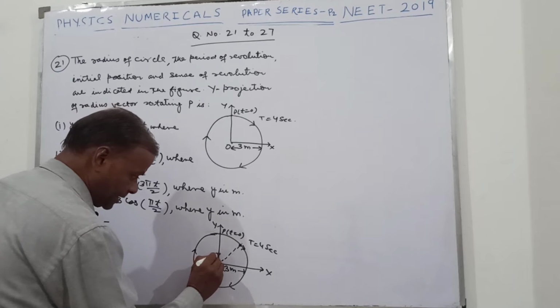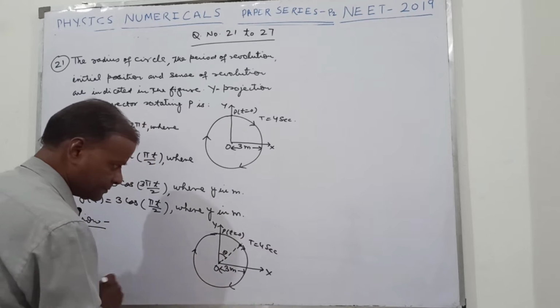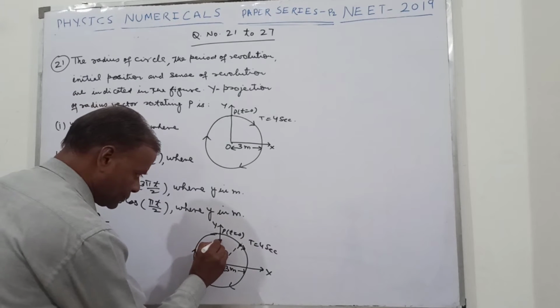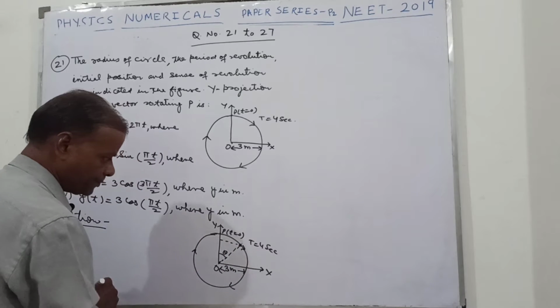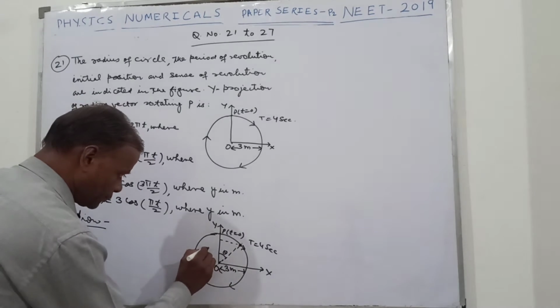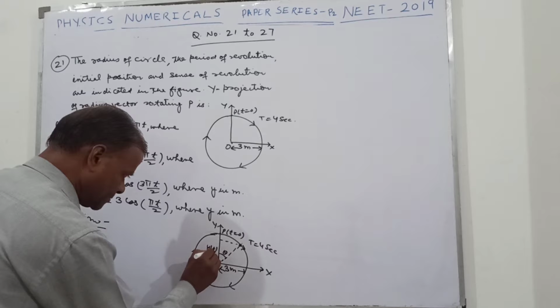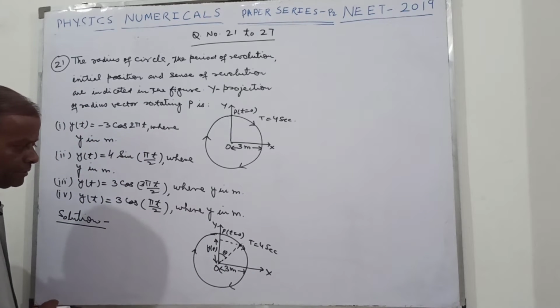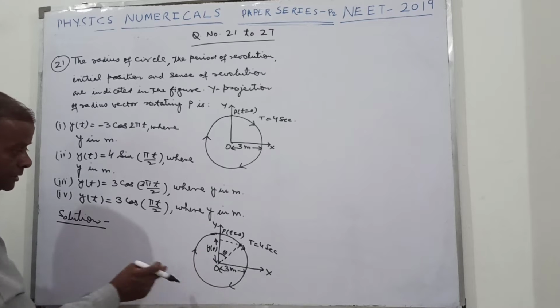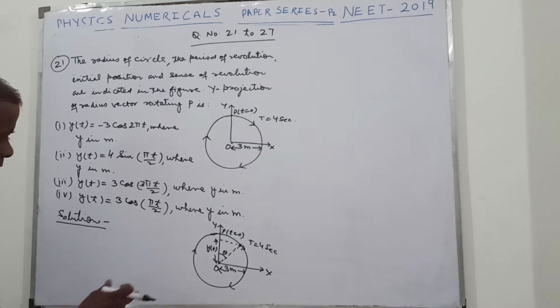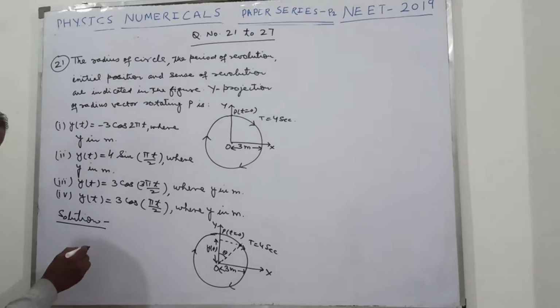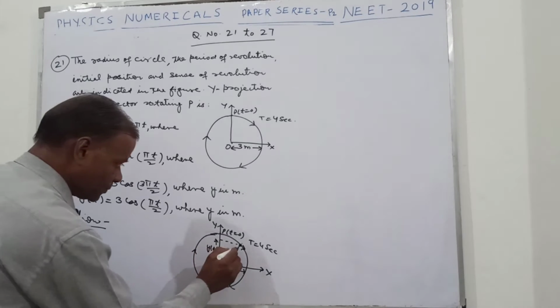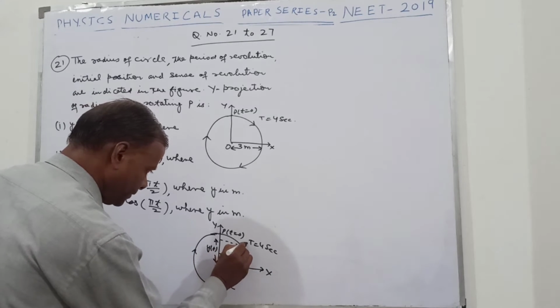So let this angle be theta, and this is the projection y(t). This is now the point P.